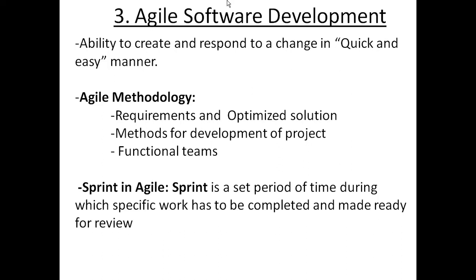Next one is agile software development. This is the fourth process model and is widely used in many organizations. Agile software development is so widely used because it provides the process or procedure for developing a particular software in a quick and easy manner, and that is nothing but the definition of agile.